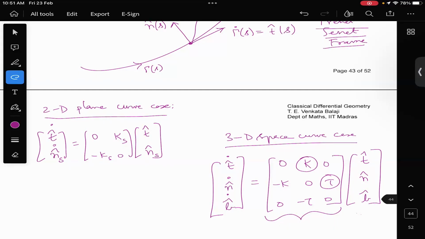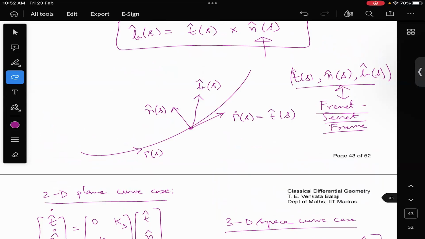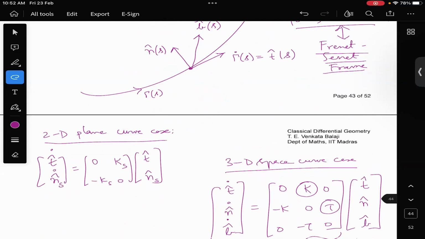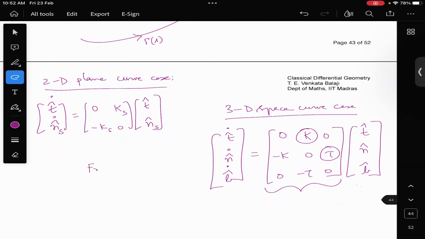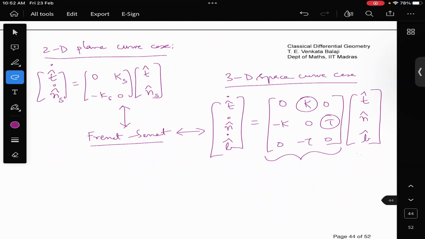So that turning is also recorded, and that is the torsion. So we have to see that, all right. So let me get back. So this is what is going to be the Frenet-Serret for the 3D case. So we have to understand what this torsion is.